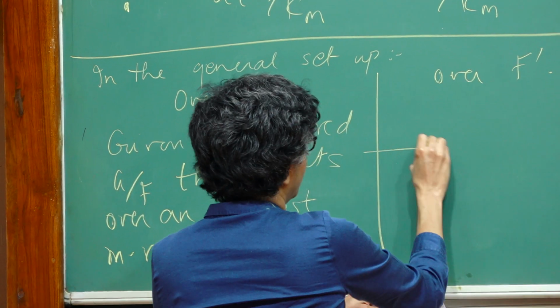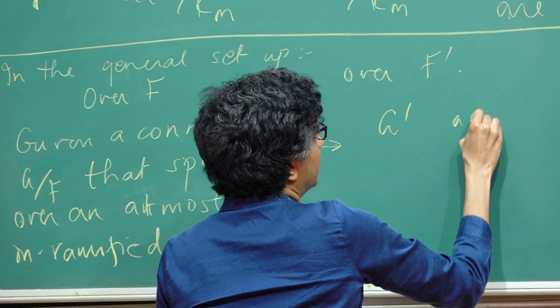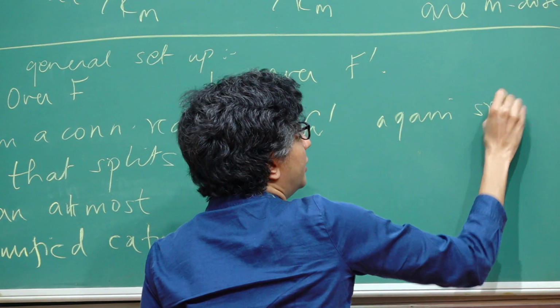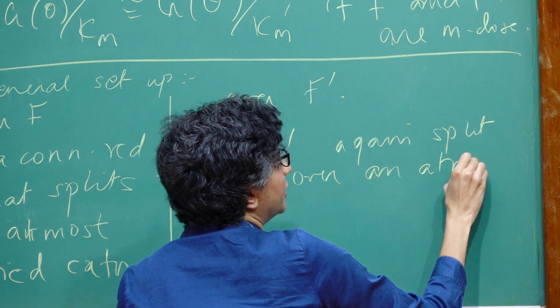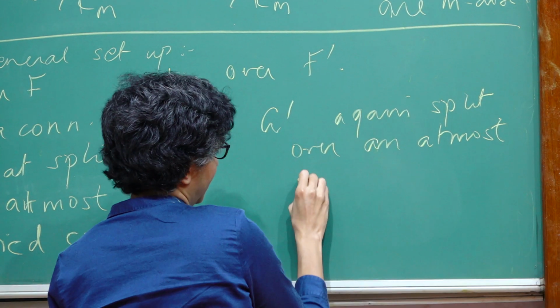And so I want a G prime, again splitting over an at most M ramified extension.